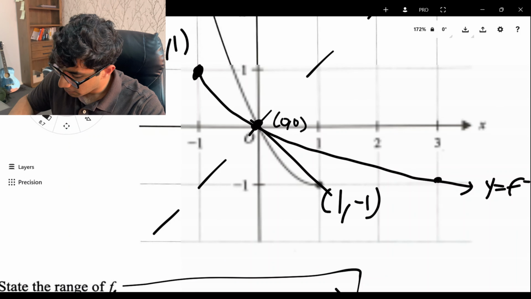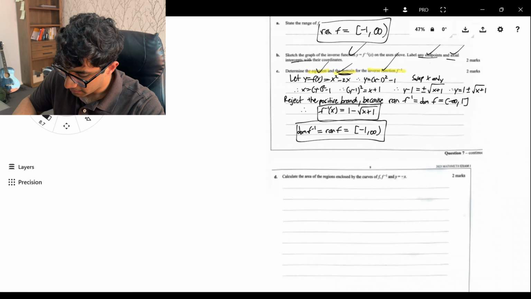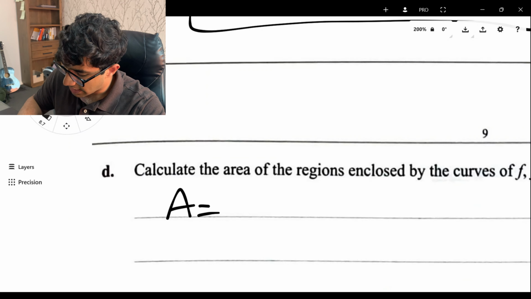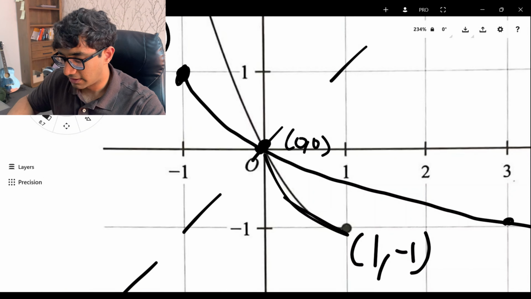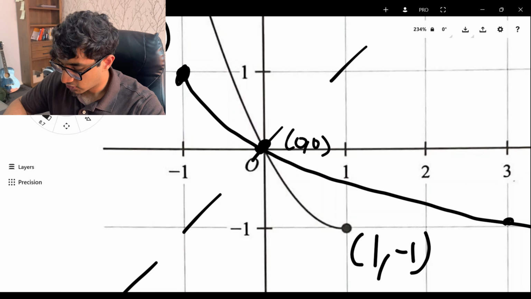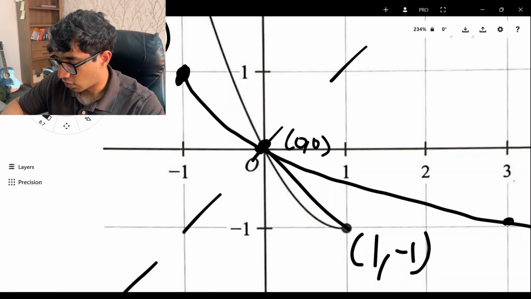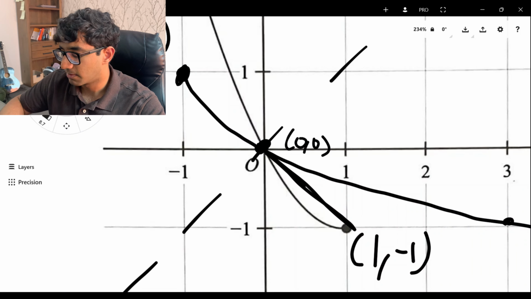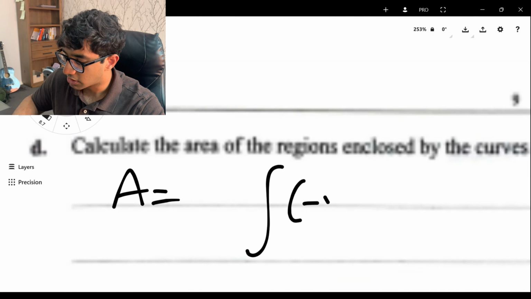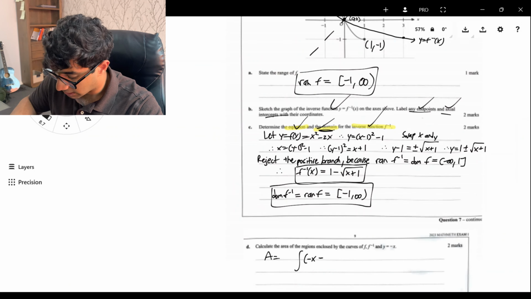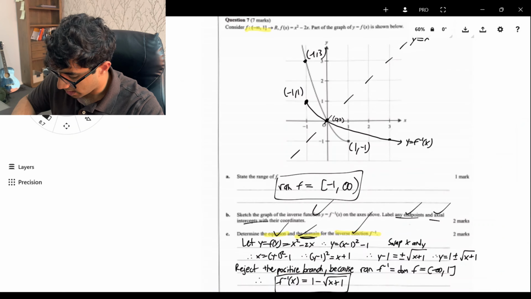Well, all I'm going to do is I'm going to say the area is going to be the integral, okay? And I prefer integrating a parabola. I think it's easier than integrating a square root function. So we have y equals minus x on top, okay? That would be y equals minus x there. So we have minus x, okay? That's the top line. Subtracting the parabola, so subtracting x squared minus 2x.